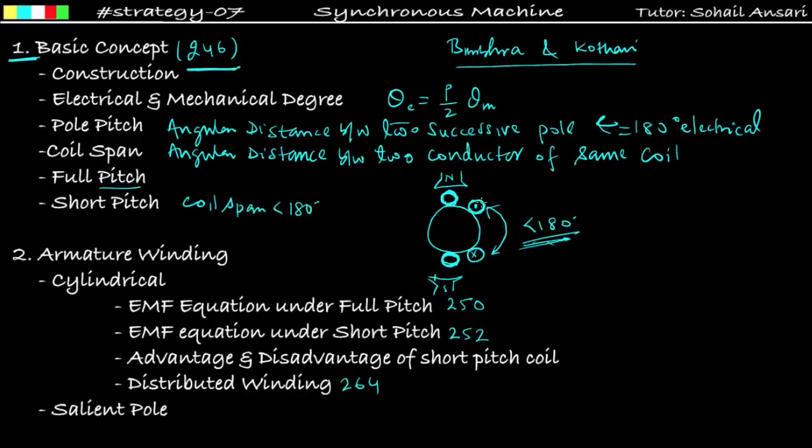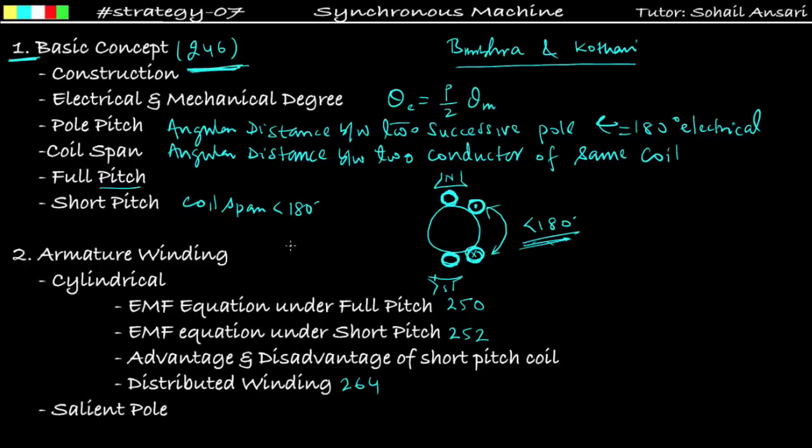So if I put a conductor here and a second conductor here of the same coil, then it is considered to be a short pitch coil. Okay, so all these concepts you have to study before starting the synchronous machine, and all these concepts you will get in PS Bhimra page number 246.